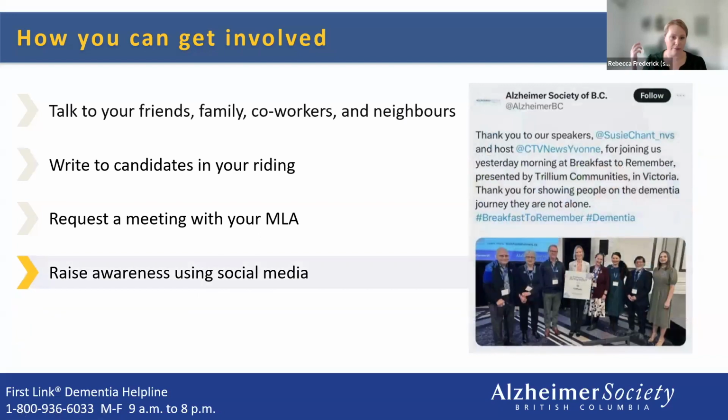So you may tag the minister, for example, you may tag your MLA, you may tag the candidates that are running in your area once those candidates are announced, which they may not likely be yet in your particular area. More and more political candidates are looking to social media to know what is affecting their constituents.